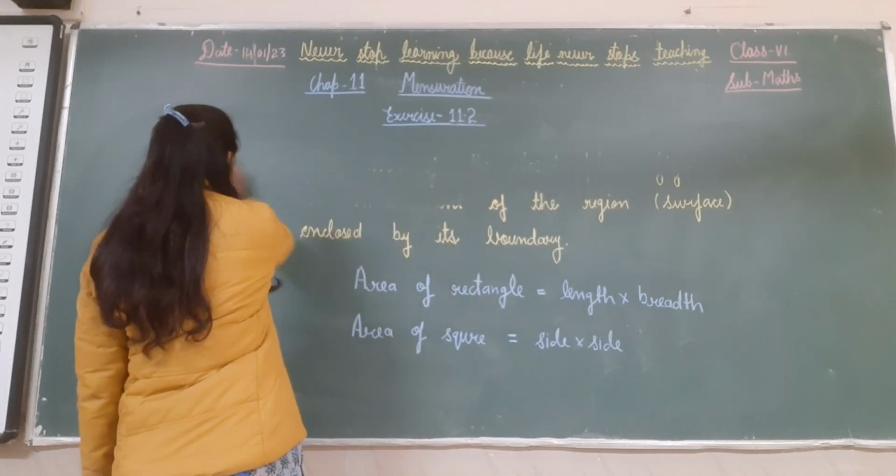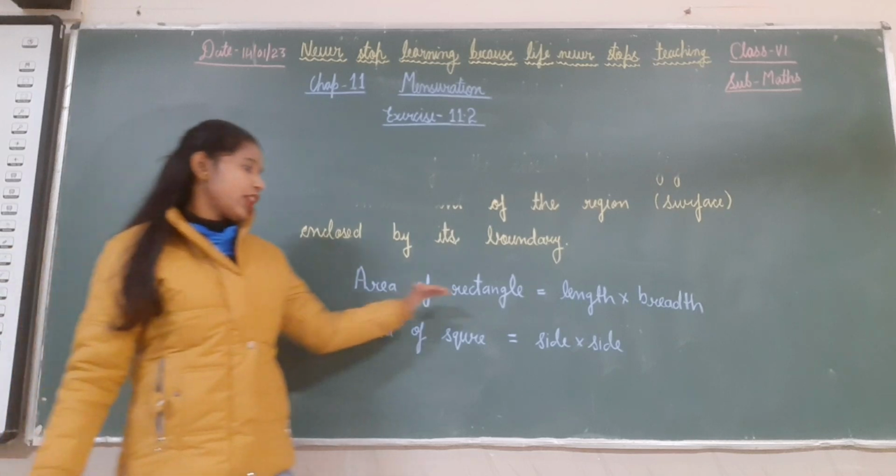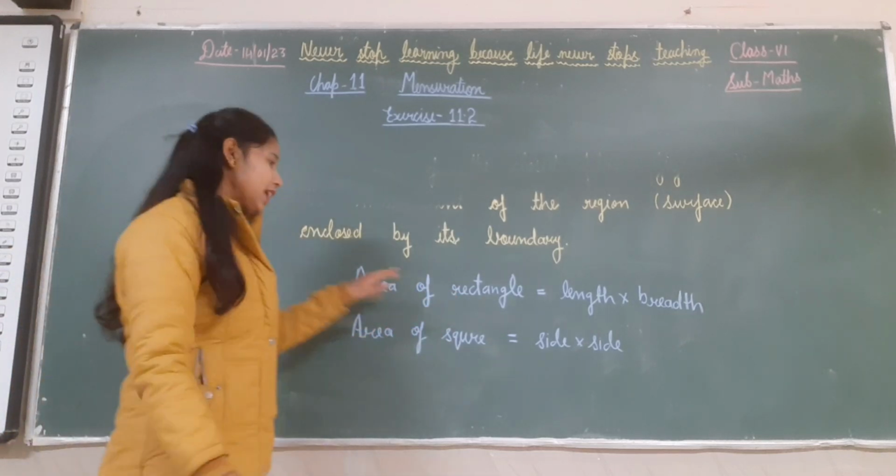Don't write the definition, okay? You can just write the formulas of area of rectangle and area of square. Okay, you can write these two formulas.